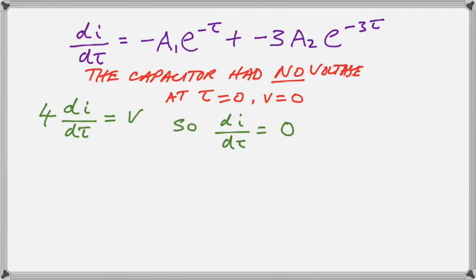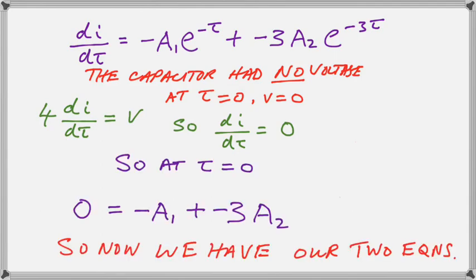And if di dt becomes 0, we can plug 0 into the left of our derivative at the top. And that will give us another equation to use to find the A1 and the A2.